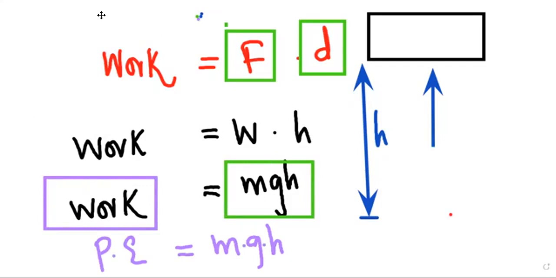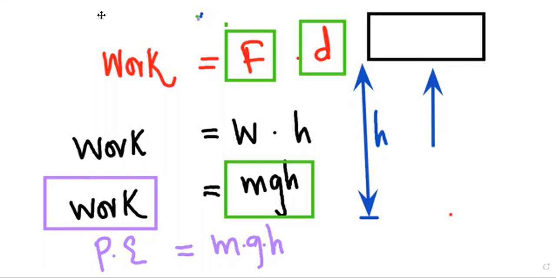So one thing is clear. Whenever an object is moved away from the Earth's surface, within the gravitational field, if we move away from the center of the Earth, we need to do some work against that attraction of the Earth or gravity of the Earth.